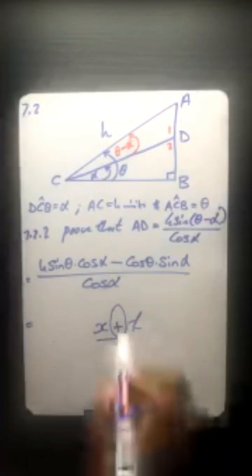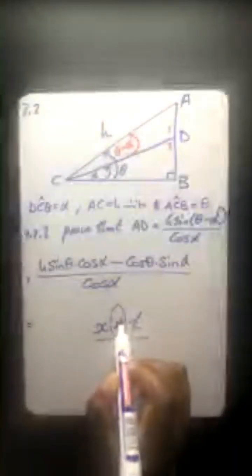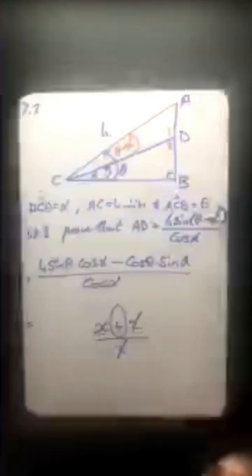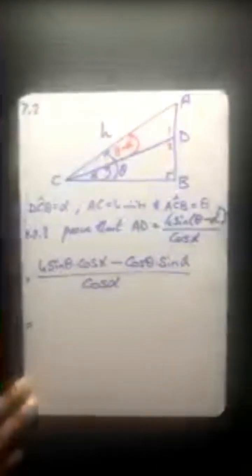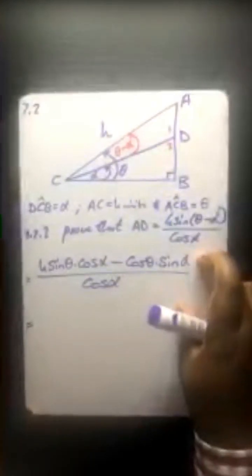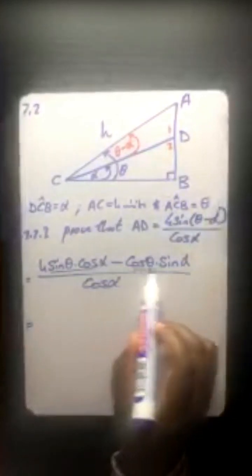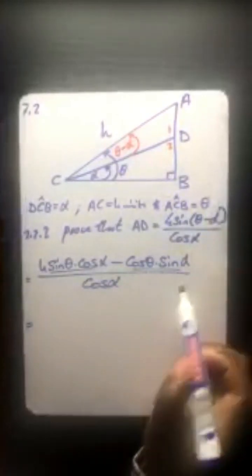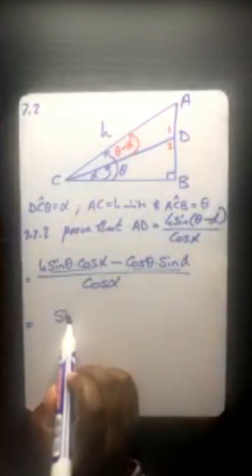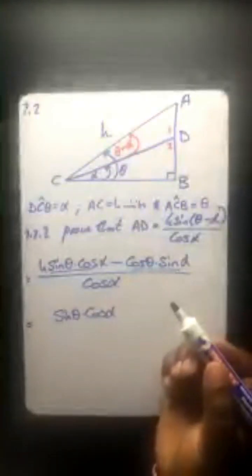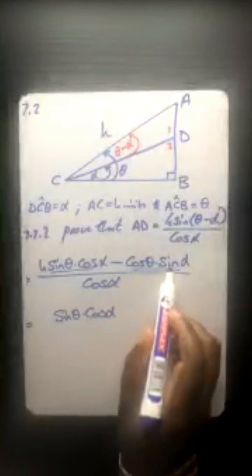So always when you have a sign, that's where you might need to take out something as common factor. But if you don't have a common factor, then you just leave it as it is. So here, the only thing that you can do is to take out these two as common factor because they're the same. So it's actually sine angle times cos alpha. They're just written vice versa.